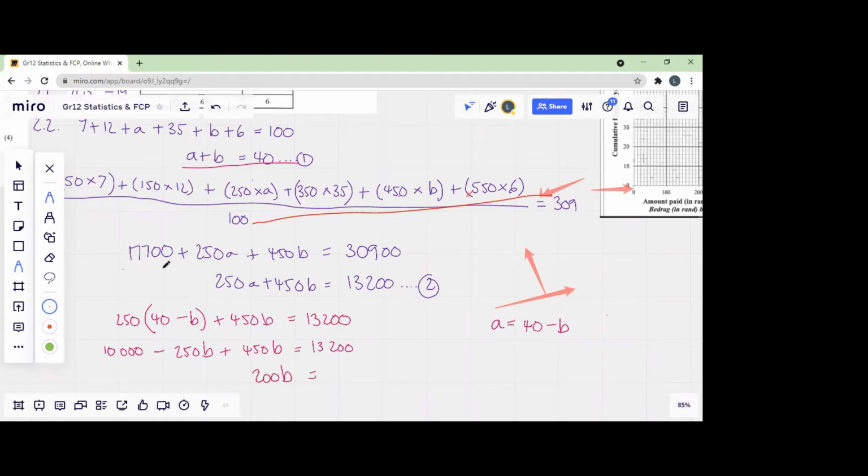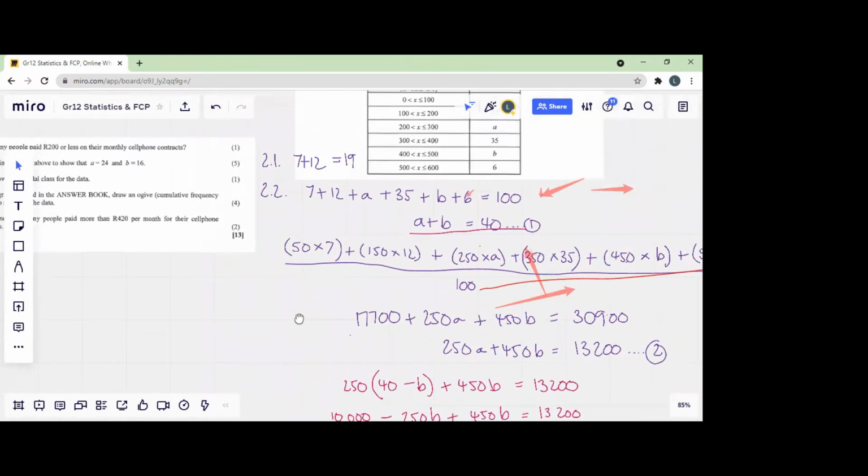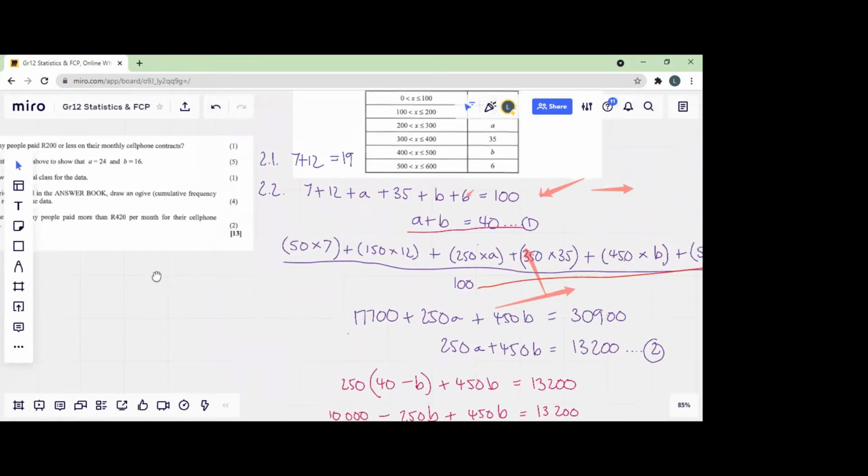And on the right-hand side, I have got 13200 minus 10,000, which leaves me with 3,200. You get 16 now for B. Woohoo! Well done, Benedict. That's perfect. That's exactly what we were supposed to get.